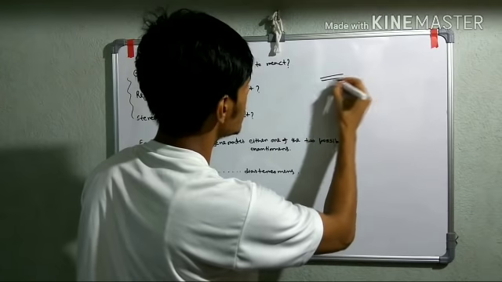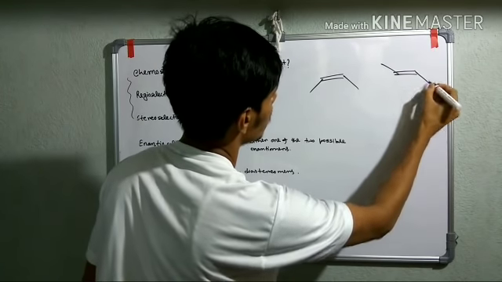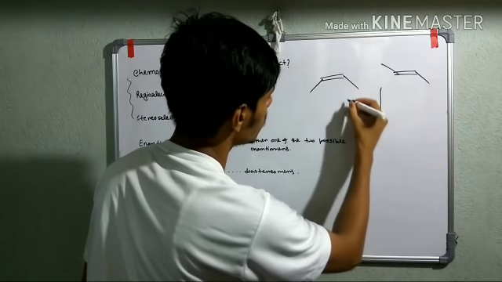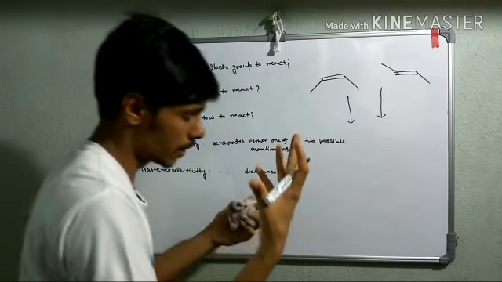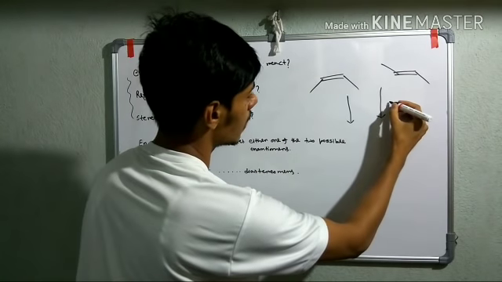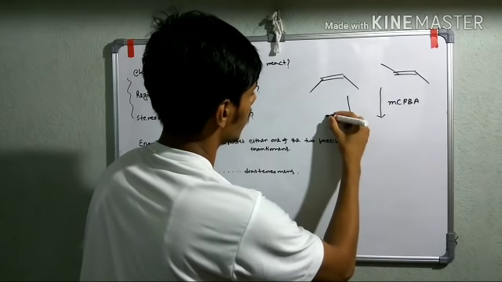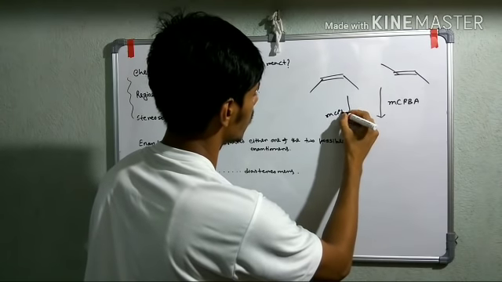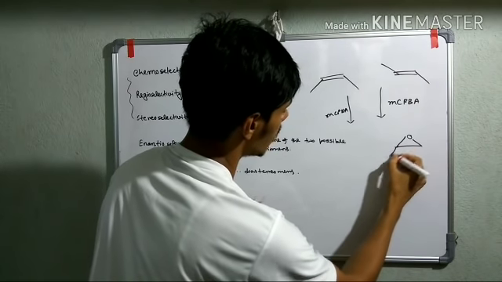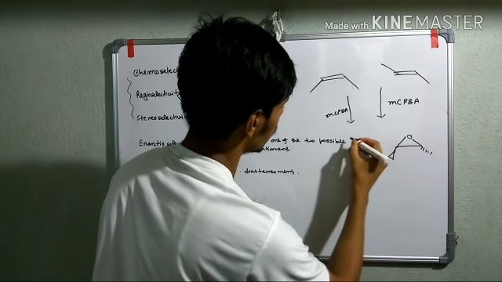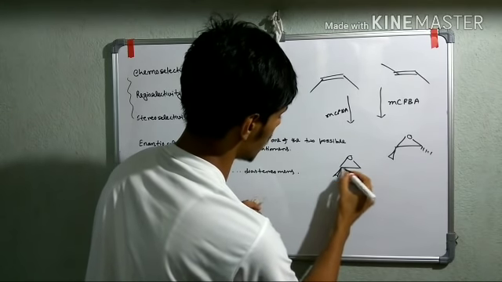Let's say you have a cis alkene like this, and another trans alkene like this, and you are reacting both of these compounds in separate reaction media with, let's say, metachloroperbenzoic acid, the same metachloroperbenzoic acid. So in this case, for the trans case, you will get an epoxide which will have the trans configuration, whereas for the cis isomer, similarly you will have a cis epoxide.